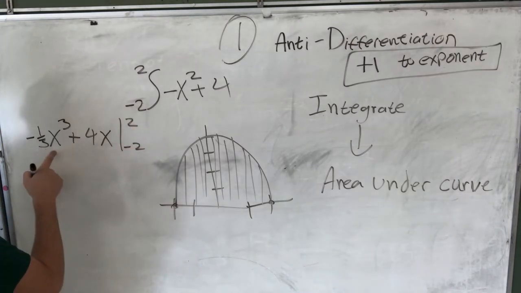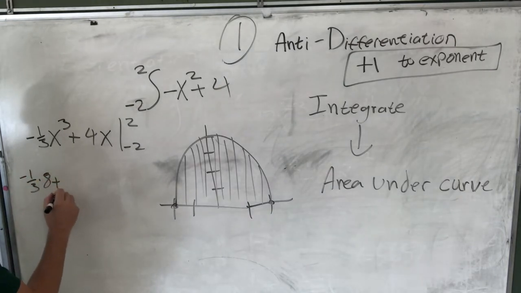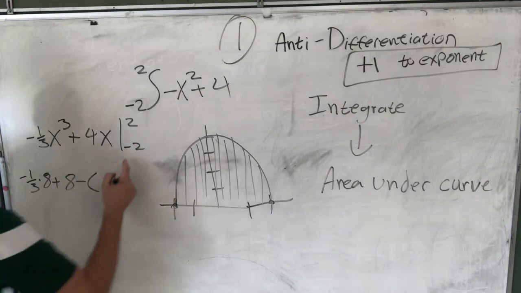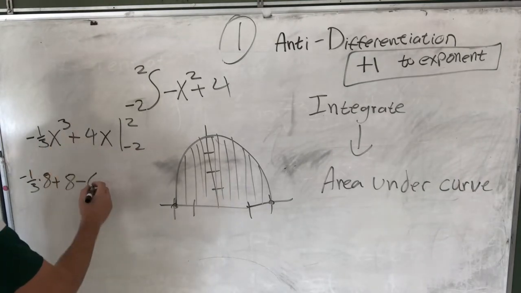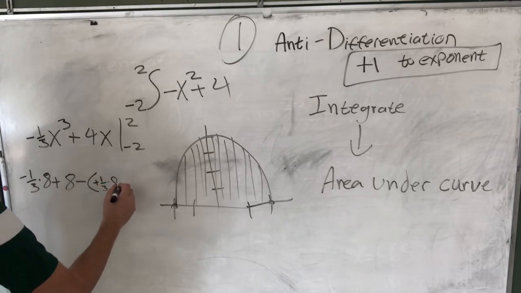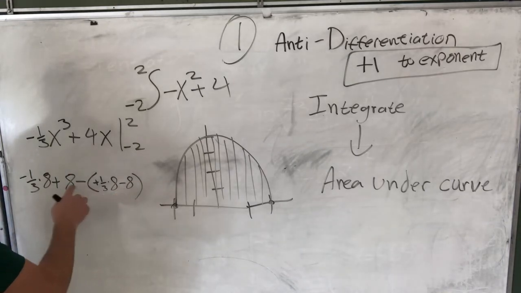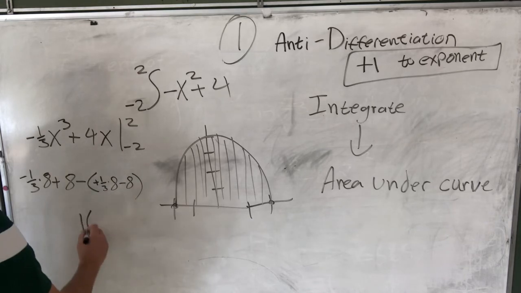At 2, you plug 2 in, that gives you negative 1/3 times 8 plus 4 times 2, that is 8, minus the negative 2, plug negative 2 in, that would be positive 1/3 times 8 minus 8. Let's see here, 8 minus negative 8, that gives you 16.